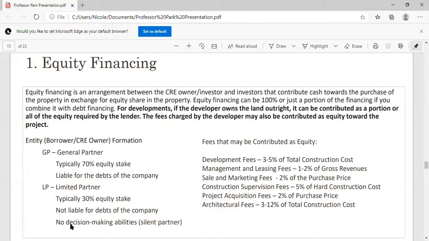They could contribute that land they already owned outright as their equity for the development. They can also potentially contribute the fees that they would charge as a developer as their equity. So they would have sometimes almost no actual cash out of their pocket in the game. And that's what they say, you always want to use other people's money when you're doing developments or investments.